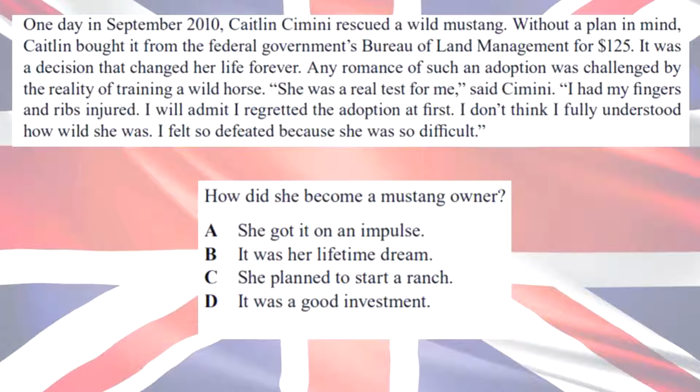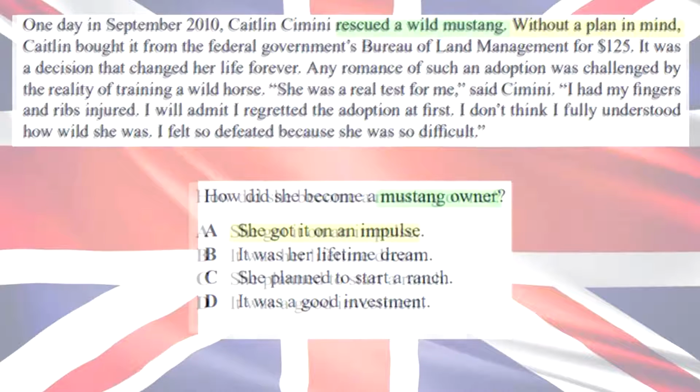Please read the task. So, in this text, one day in September 2010, Kathleen Simini rescued a wild Mustang. So, the question, how did she become a Mustang owner? So, here is the correct answer, if you read it thoroughly.